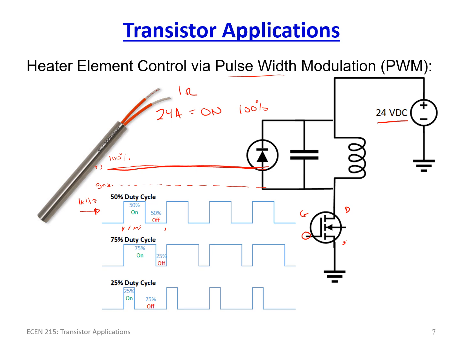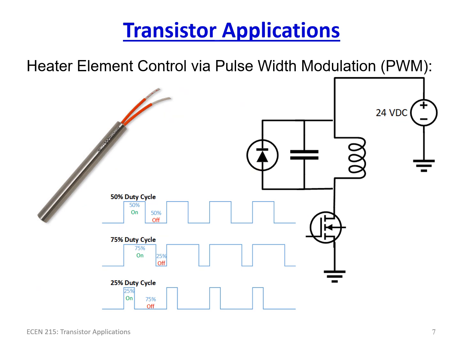So in the case of 50% duty cycle, we've got 500 microseconds over 1,000 microseconds, or rewritten, 0.5 milliseconds over 1 millisecond. So we end up with 1/2, which is equal to 50%. So that's how you get the 50% duty cycle.